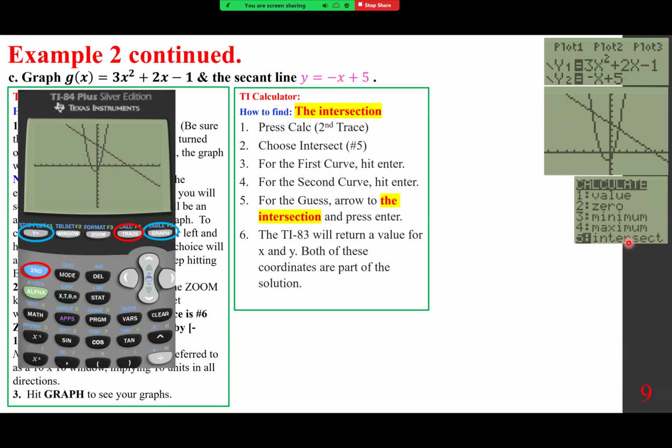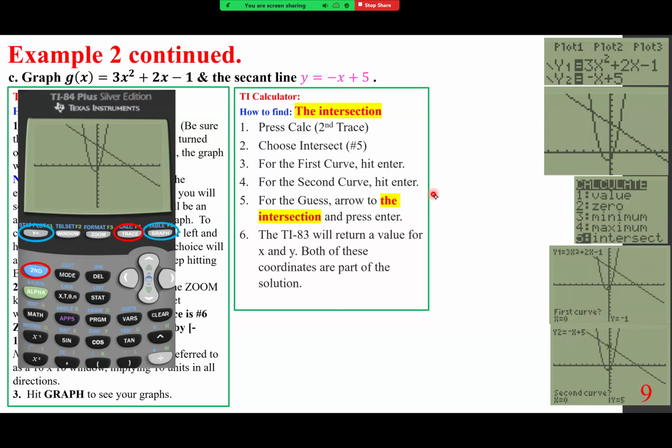You either click number 5 or you go down and press enter when you're at the top of number 5. Now for the first curve, hit enter. It says first curve with a question mark, just click enter. For the second curve, enter here, enter here.